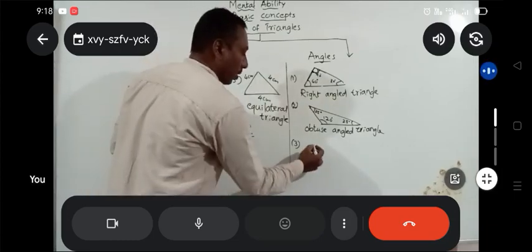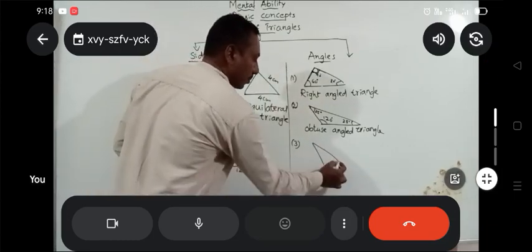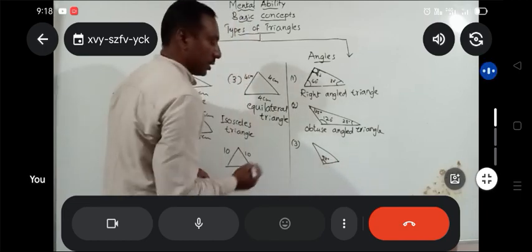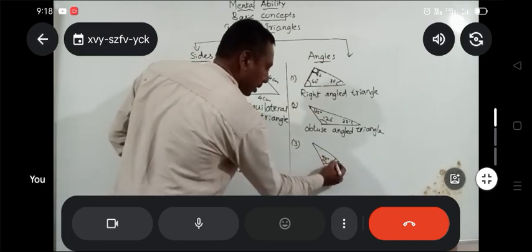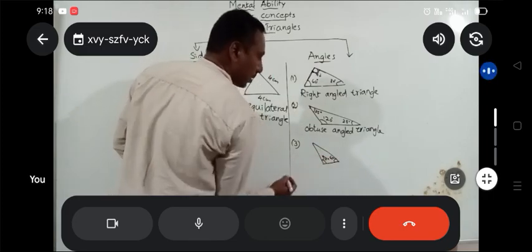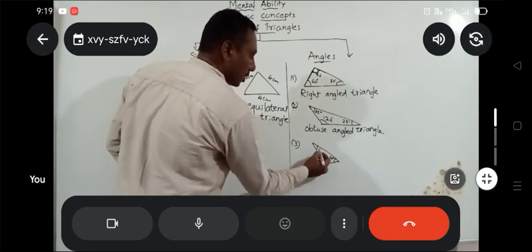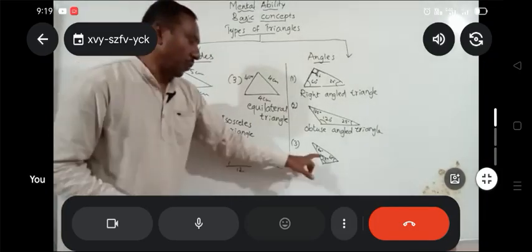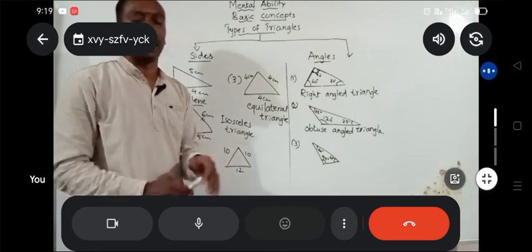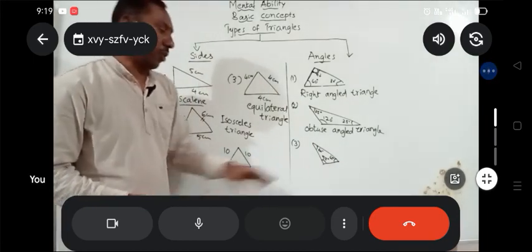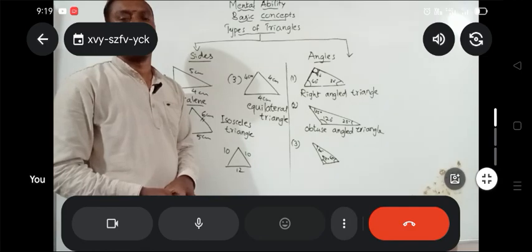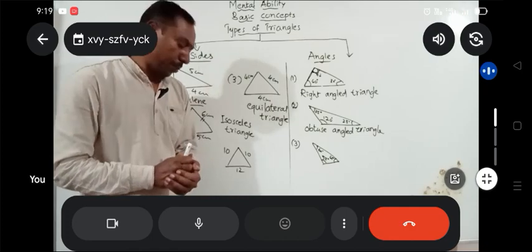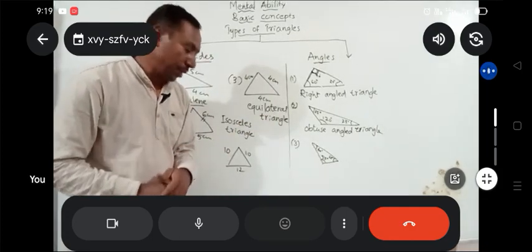Now let me go to the next topic. I will draw a picture. The angles are 55 degrees, 65 degrees, 60 degrees. When you look at the angles, all the angles are of the same type.